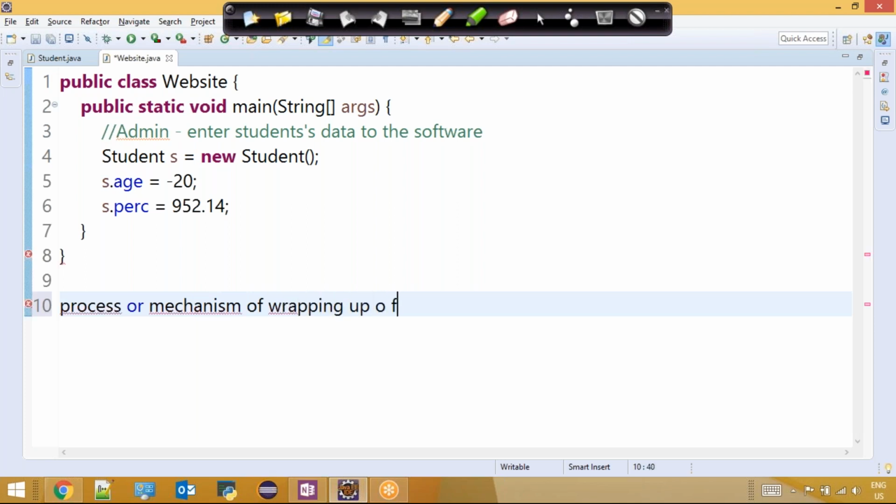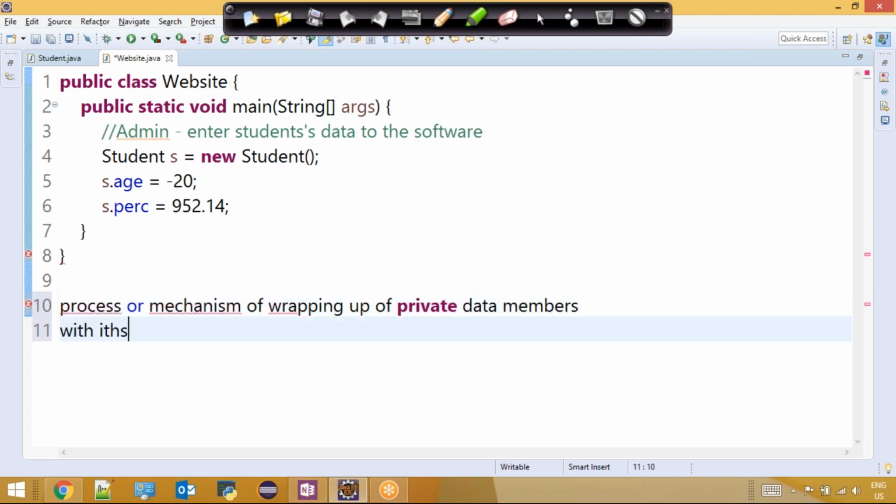That's it. This is the definition of encapsulation.